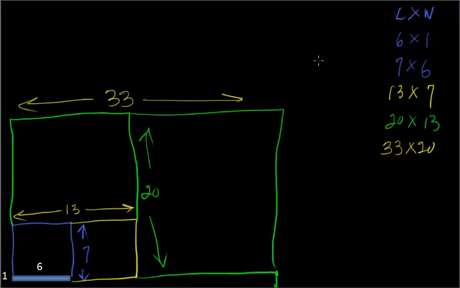Now if I were to again add a square, I can't because I ran out of space here, but if I again added a square, you would see that it would be a 33 by 33 square. So I would get then 33 plus 20, or 53. The next one would be 53 by 33. Now if you take 53 and divide it by 33, you will get something pretty close.